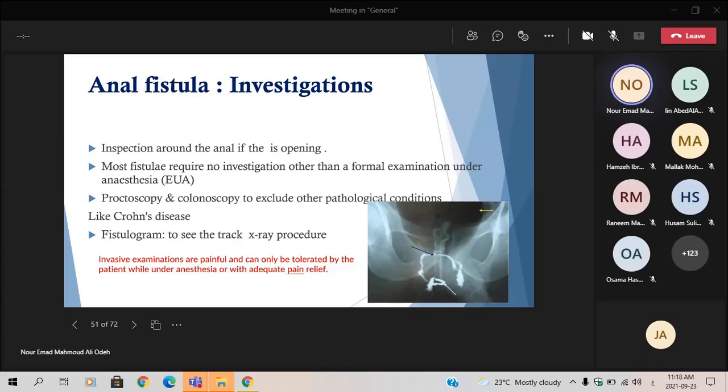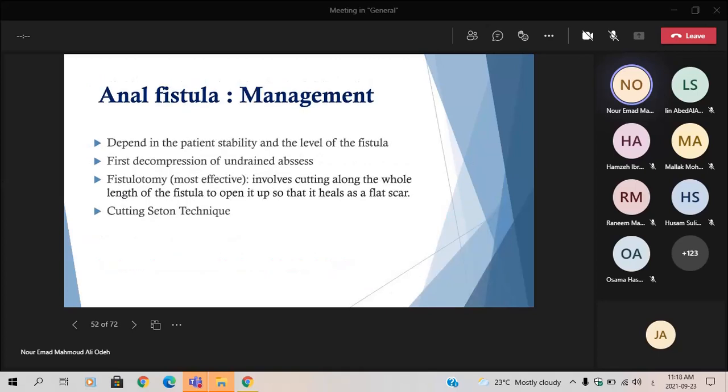We can do proctoscopy and colonoscopy if we want to exclude any pathological condition like Crohn disease, and fistulogram to see the tract. Anal fistula management depends on the patient stability and the level of the fistula, and if there is an abscess, we need to drain the abscess, and fistulotomy is the most effective procedure.